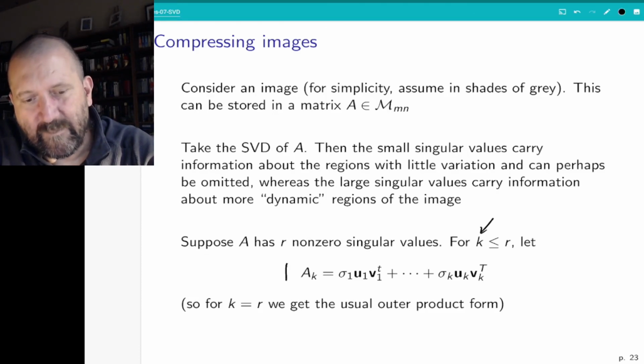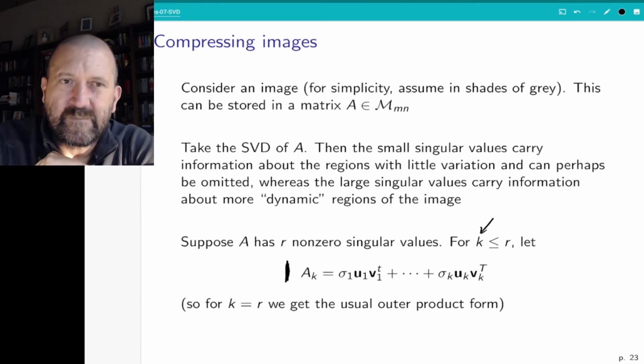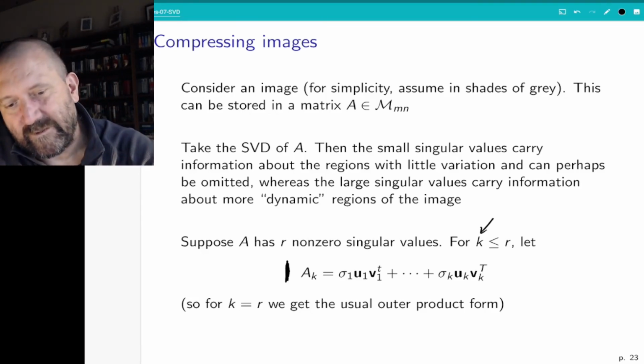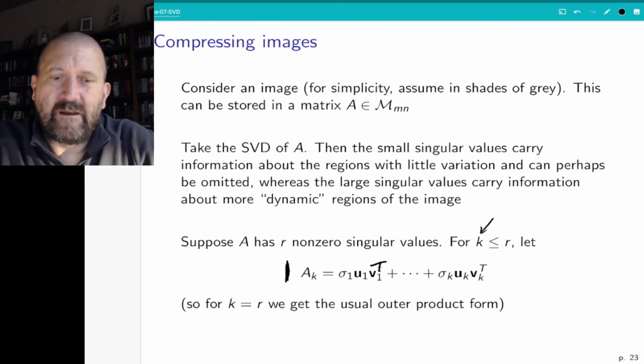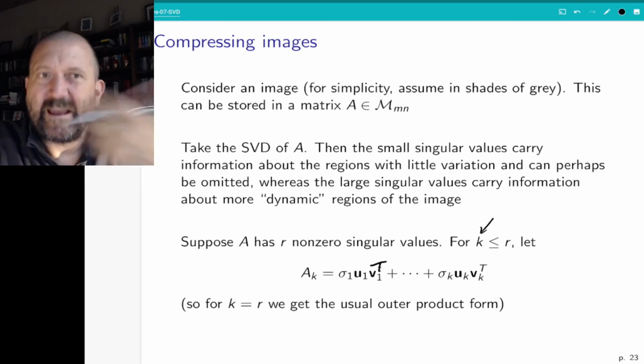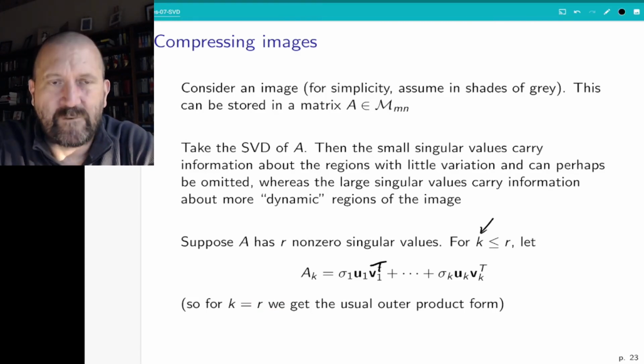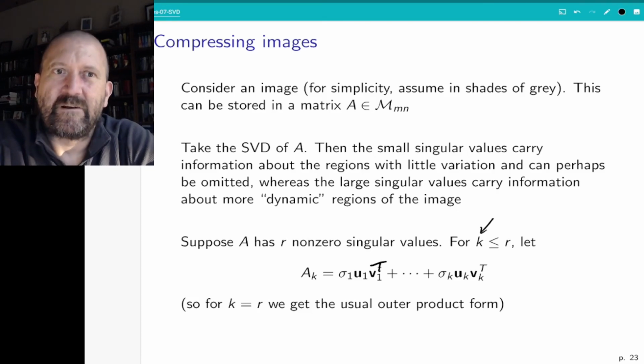It's simply the matrix A_k, the image in this case, that I get by considering the k largest singular values and the corresponding singular vectors.